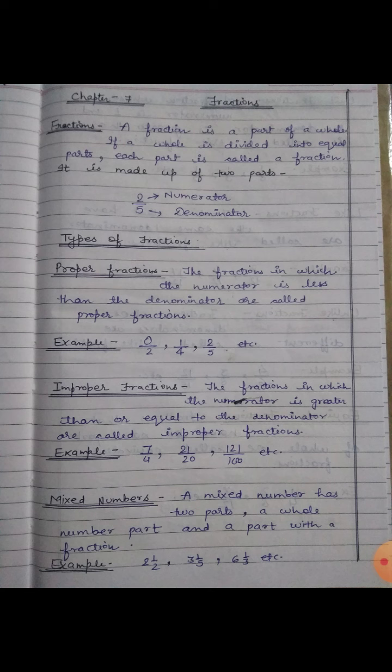2 is the numerator and 5 is the denominator. So how do we explain this example as a fractional part? 2 by 5. Suppose there is a cake and we cut 5 parts of that cake and we take out 2 parts from those 5 parts.